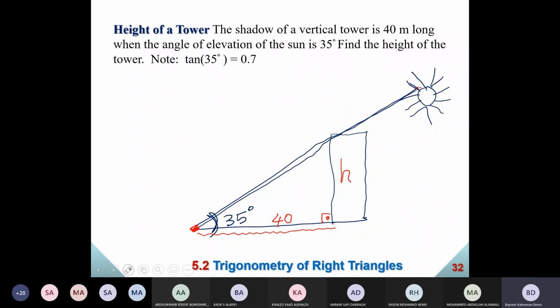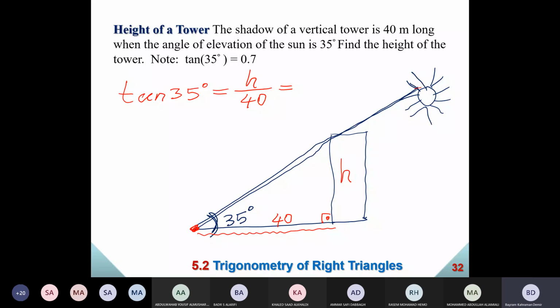Okay. And you see, Shabab, we are going to use tangent. Tangent of 35 degree equals h over 40. H over 40. And since we do not know tangent 35, in the exam, they have to give it to you, right? So they give you 0.7.